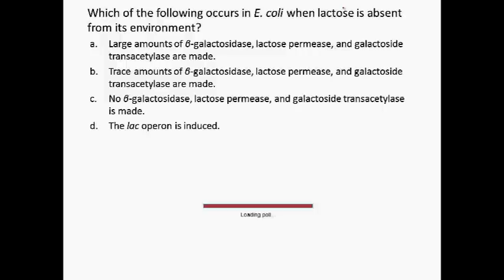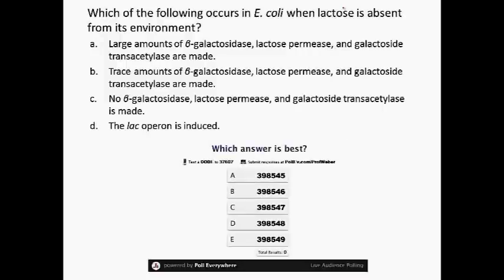Second question, which of the following occurs in E. coli when lactose is absent? Yeah, that's right. It's going to negatively impact expression.